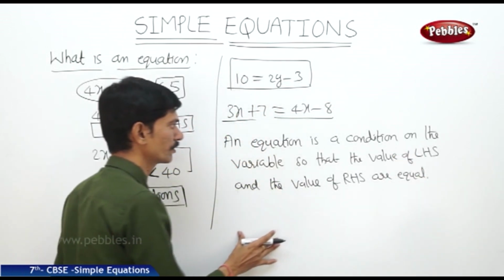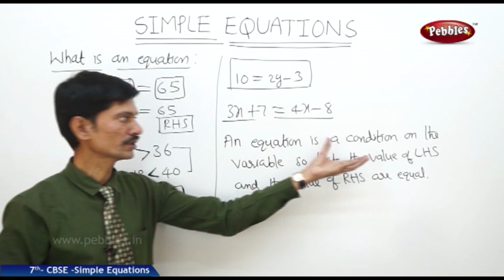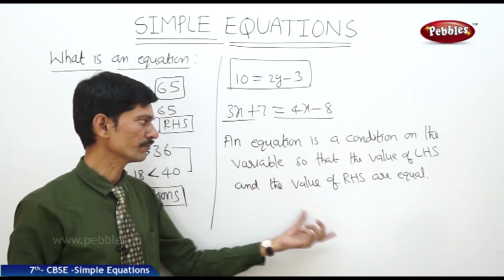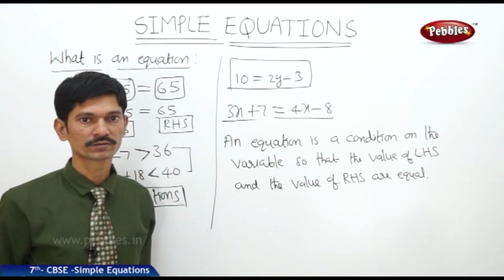So this is called an equation. So an equation is a condition on the variable so that the value of LHS and the value of RHS are equal.